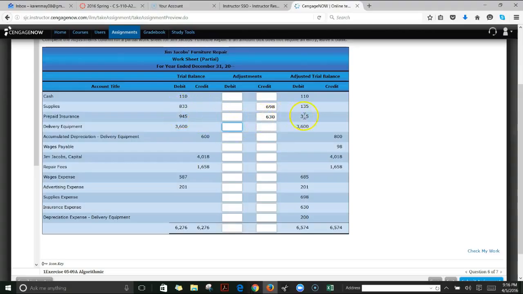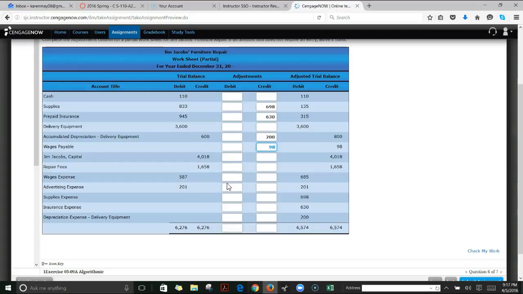The next account has no adjustment. The next one, $600 credit, and now we have a balance of 800 credit. So we depreciated our equipment $200 that month, and it goes into the accumulated depreciation. Wages payable, we have a $98 credit, so we need to put 98 on the credit side. No effect to capital, not an adjustment, no effect to fees.